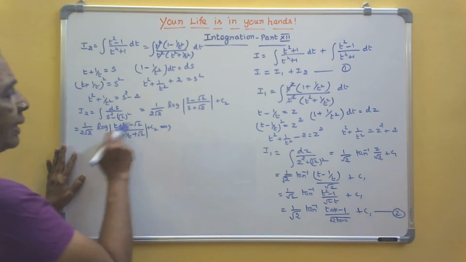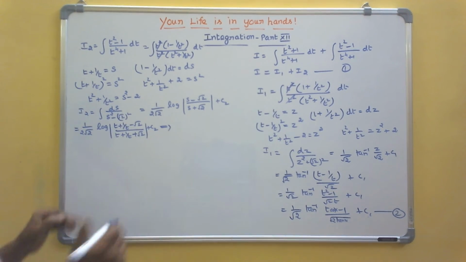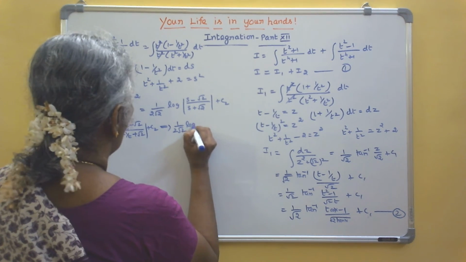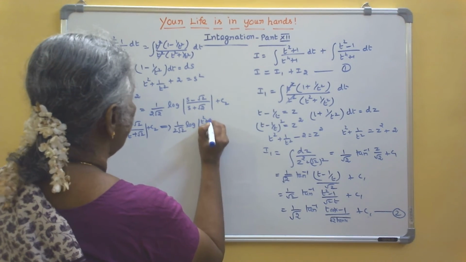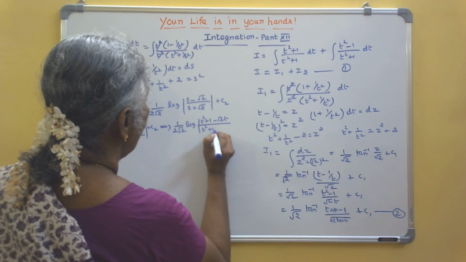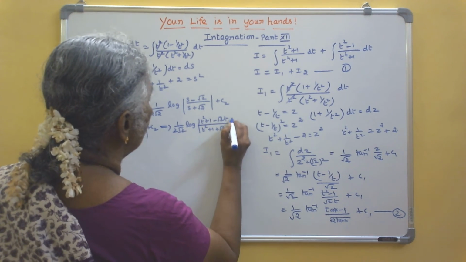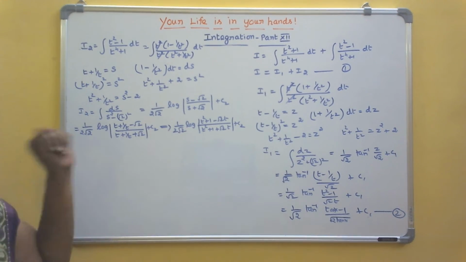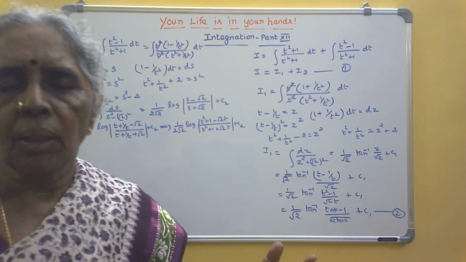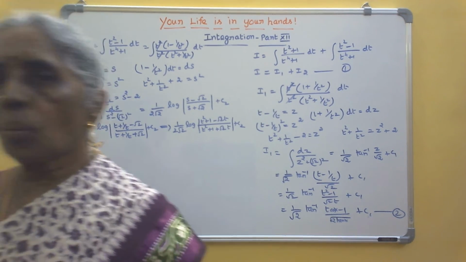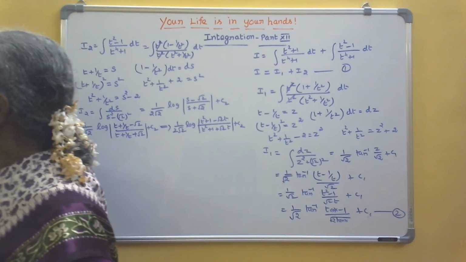Okay. Now I will take LCM, so the t will go. So we will get 1 by 2 root 2 log mod t square plus 1 minus root 2t by t square plus 1 plus root 2t plus c2. Now, from t, I have to go back to x. You know, t is equal to root tan x and t squared is equal to tan x, right?